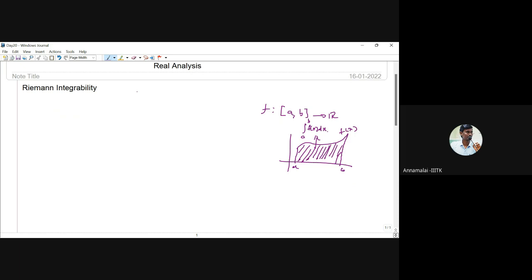First we define what is a partition of the closed interval. In this section we are going to take the closed interval [a, b].